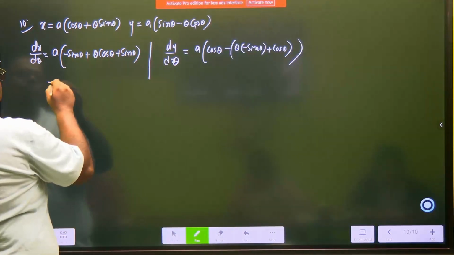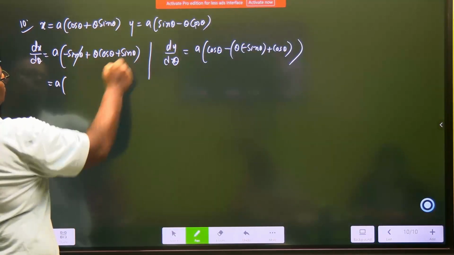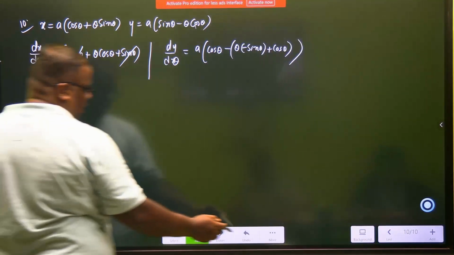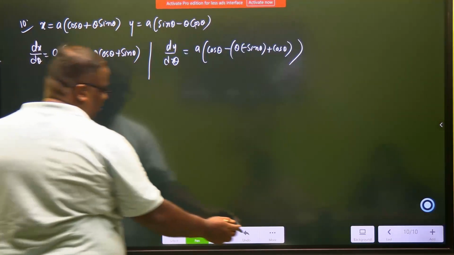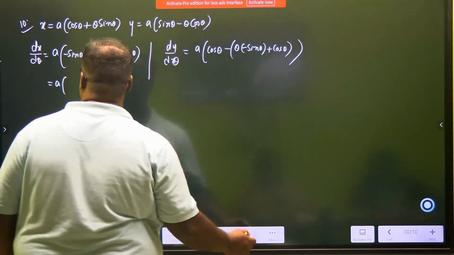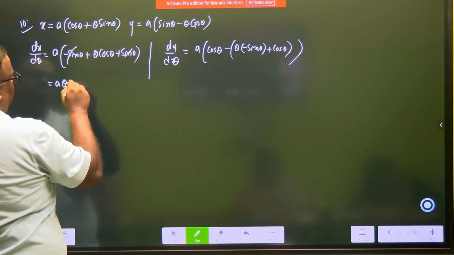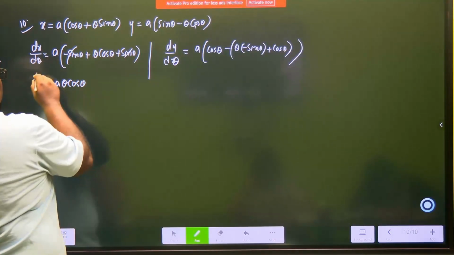So this becomes a minus and plus goes away. A theta cos theta. This cancels. A theta cos theta dx by d theta.